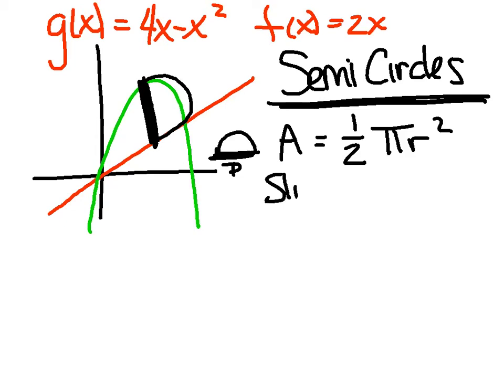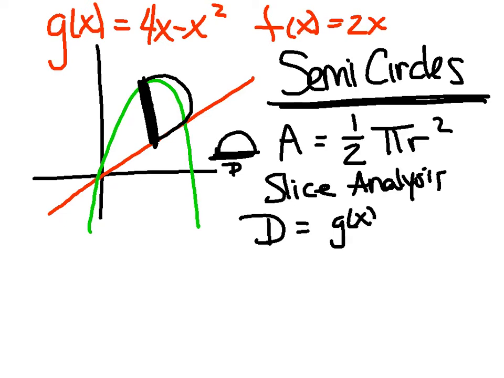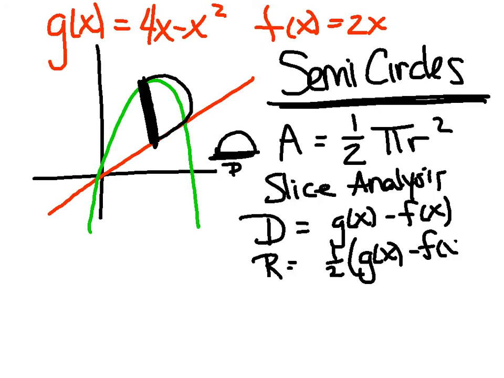So in my slice analysis, that's actually what I'm going to start with. I'm going to start with diameter and say that is my g of x minus f of x. And then I'm going to say, okay, the radius is half of g of x minus f of x. And now I need the area formula. Area equals 1/2 pi radius squared.